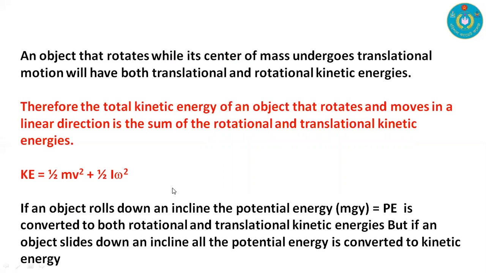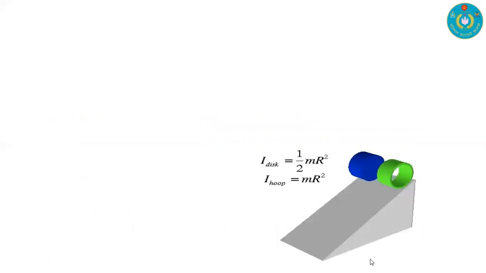If an object rolls down an inclined plane, the potential energy PE is converted to both rotational and translational kinetic energies. But if an object slides down an incline, all the potential energy is converted to kinetic energy. Observe this diagram.